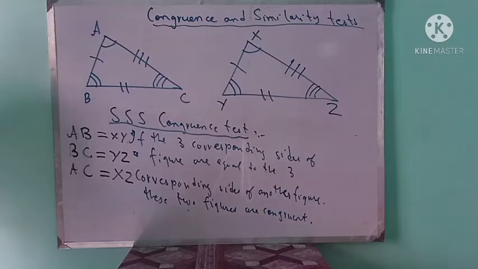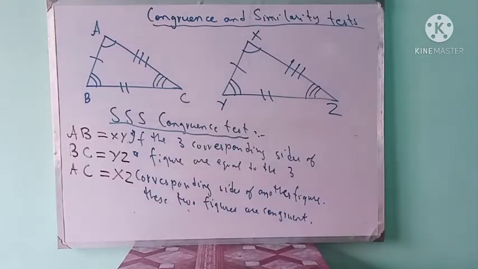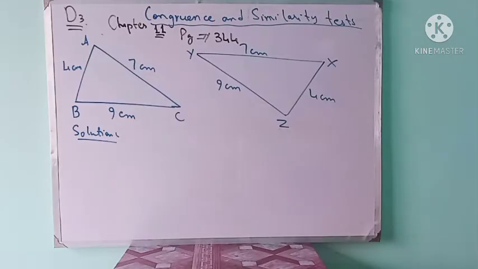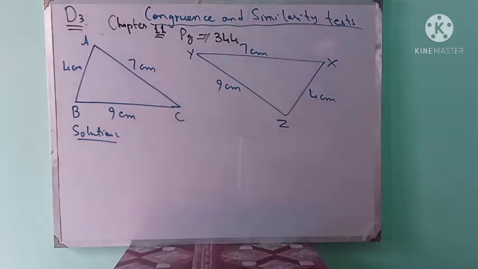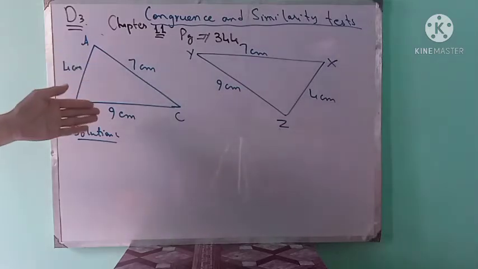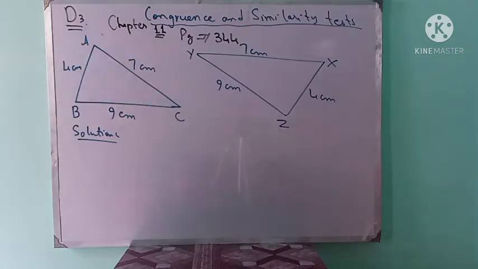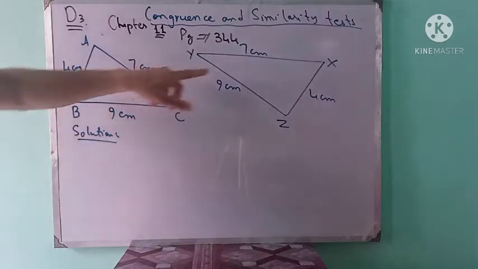So now let us move towards a question on this test. I will solve a question on the board for you and you have to watch very carefully. My dear students, this is a question for you, and we have to prove whether these two triangles are congruent or not. So we have to apply the congruence test. As I have told you, we can apply the first test, SSS, because we have the sides mentioned in both triangles, like here 4, 9, 7 and 4, 9, 7.